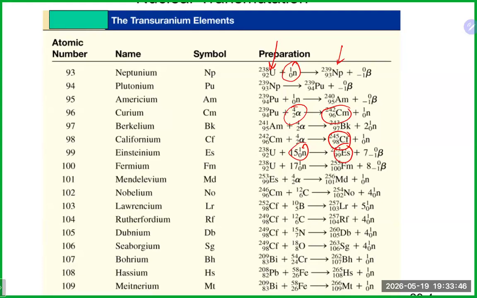So these are the man-made elements, if you will, and this is how it's accomplished: by shooting a particle at another element or nucleus and transforming it into this man-made one. As you can also see, it also gives off other particles in certain cases, like beta particles and neutrons, in this process.